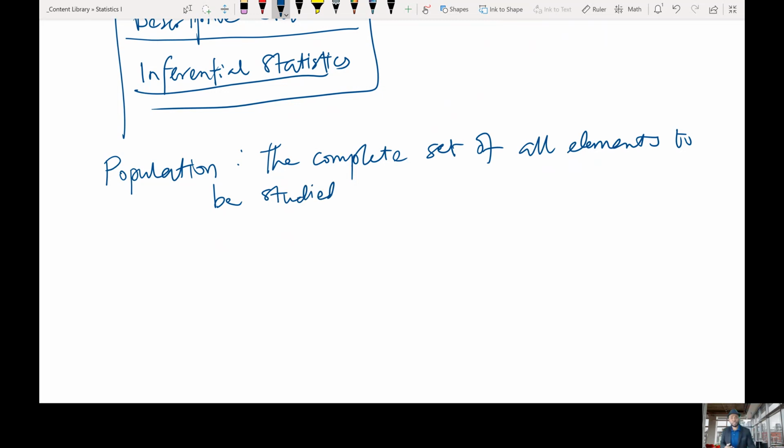Now, in my doctoral dissertation, I examined minority female students in the United States. That means my population of interest are minority female students in the United States. That's the population, the complete set of all elements to be studied.